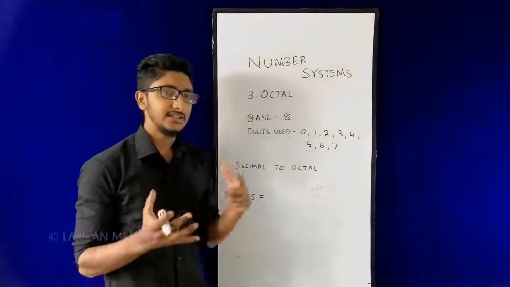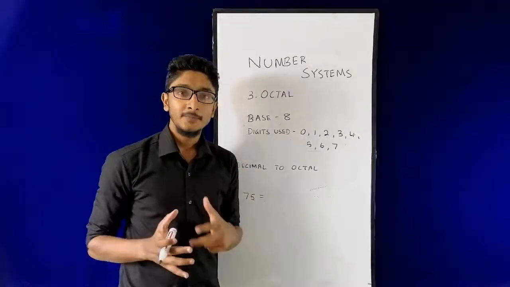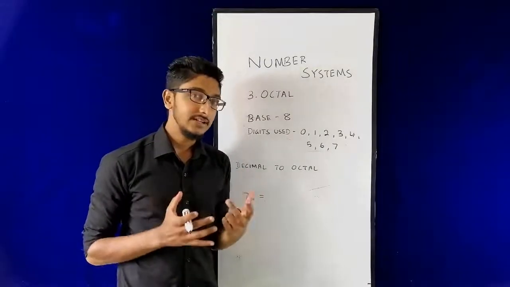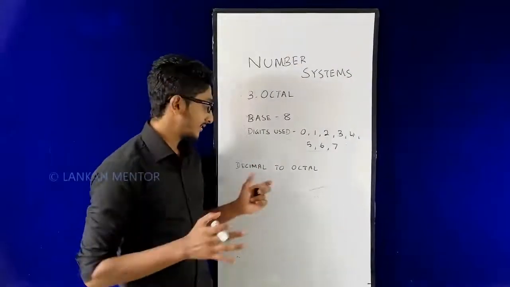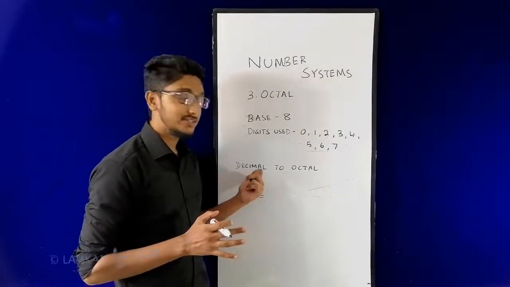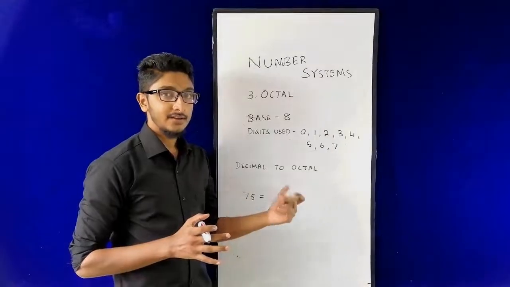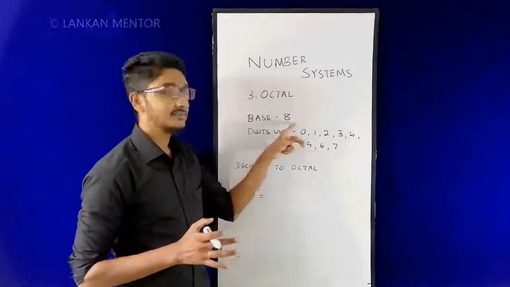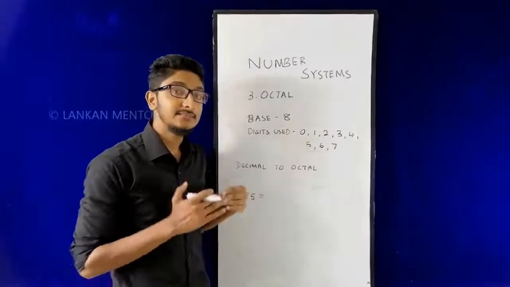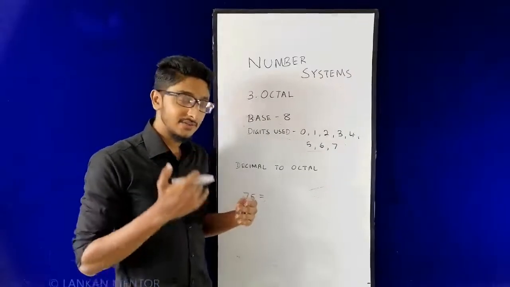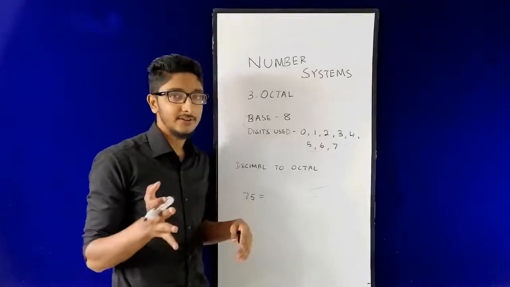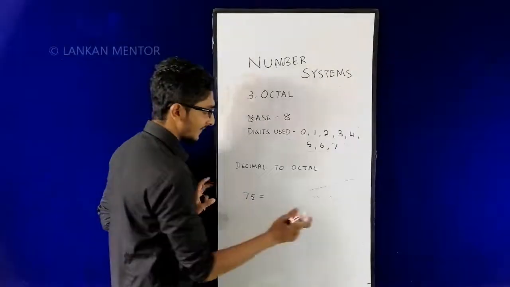So when you are changing a decimal number to octal, you have to again divide it, not multiplication, dividing. When you are changing from decimal to octal, then you have to divide it by 8. From decimal to octal means division. Octal to decimal means that's a different process.